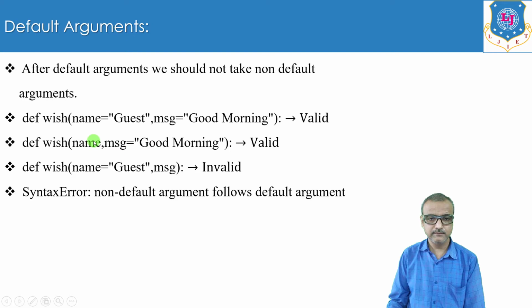So name is a non-default argument, this one is a default argument, so this is a valid one. But def wish name equals to guest comma message, see this one is a default argument, and message is a non-default argument, so this is invalid. It will give you the syntax error, that is non-default argument follows default argument.